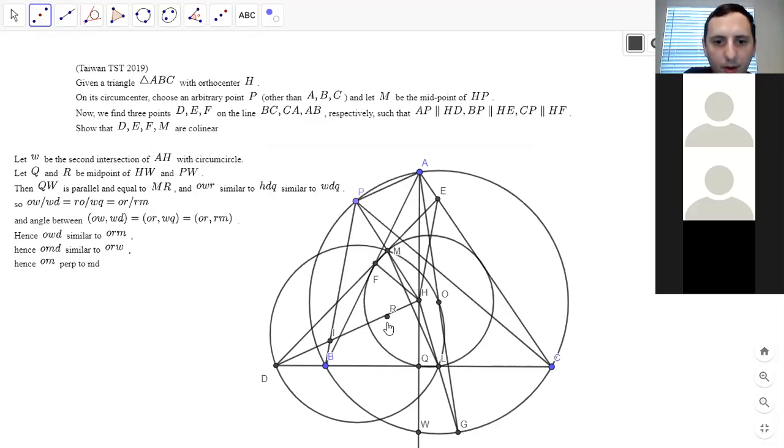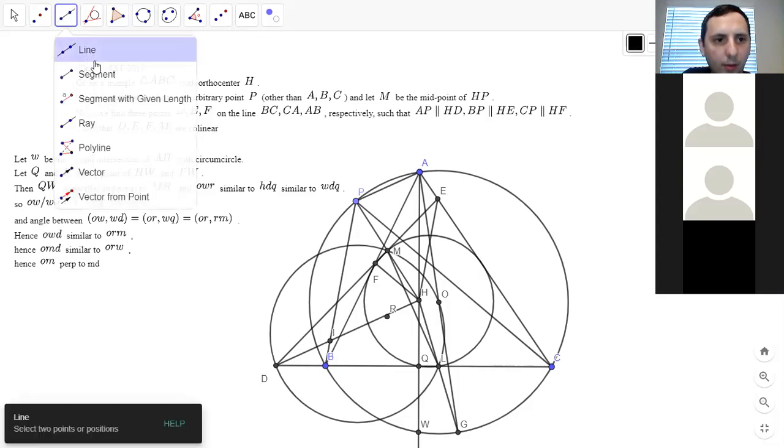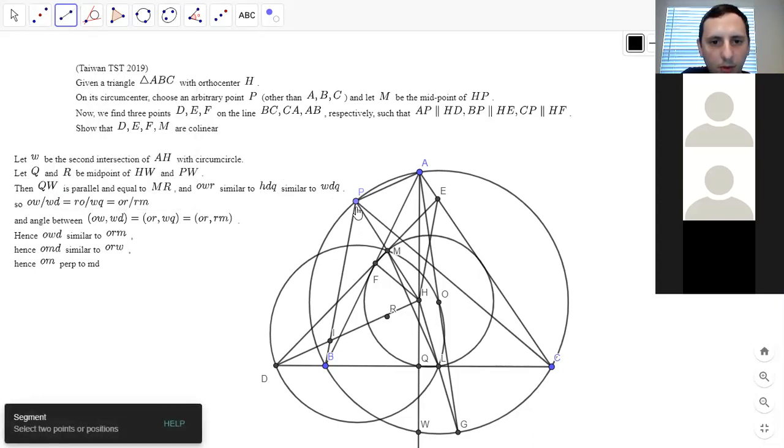Okay. And OWR is similar to HDQ. Is that so? R is the midpoint of PW.